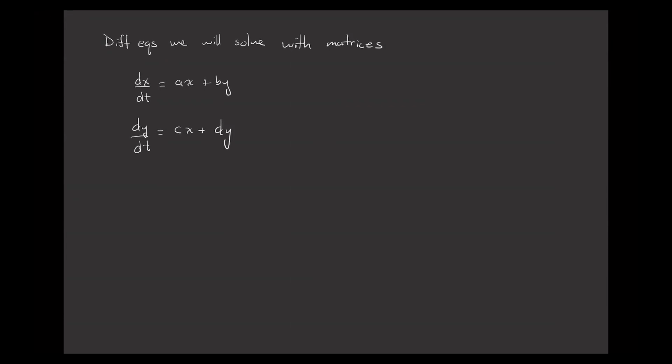What we'll do is construct a matrix A, B, C, D using the coefficients. Then we'll look for eigenvalues and eigenvectors. And once we have that information, we'll assemble it to get a solution.